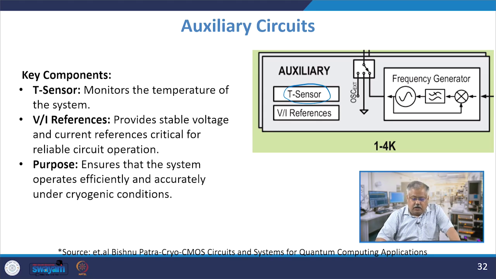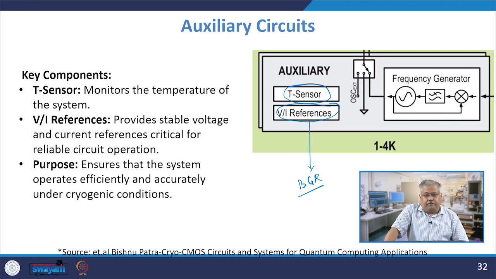If you look here, these are the IV references, which may be all band gap references, and these band gap references are responsible for giving a fixed value of voltage and current independent of the ambient temperature which you see. Now, this auxiliary unit, depending upon where the switch is, these are basically switching circuits, and these switching circuits can be attached to this or this or this.